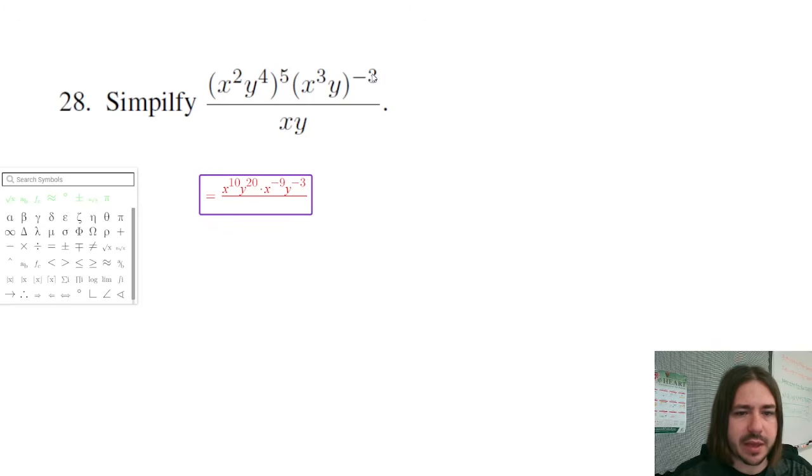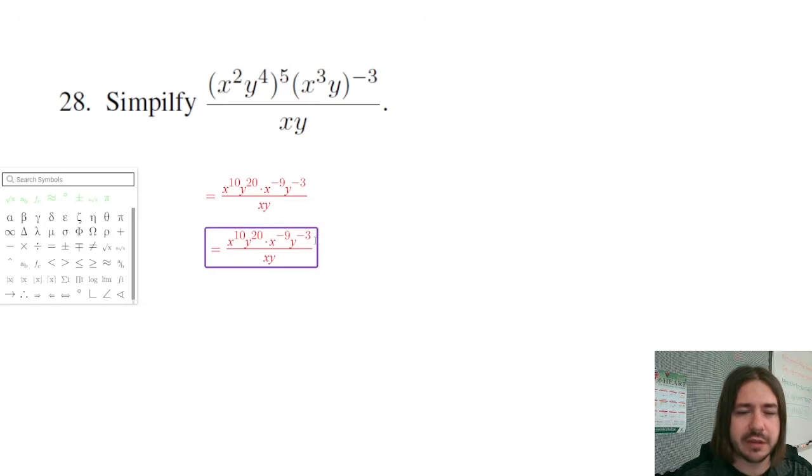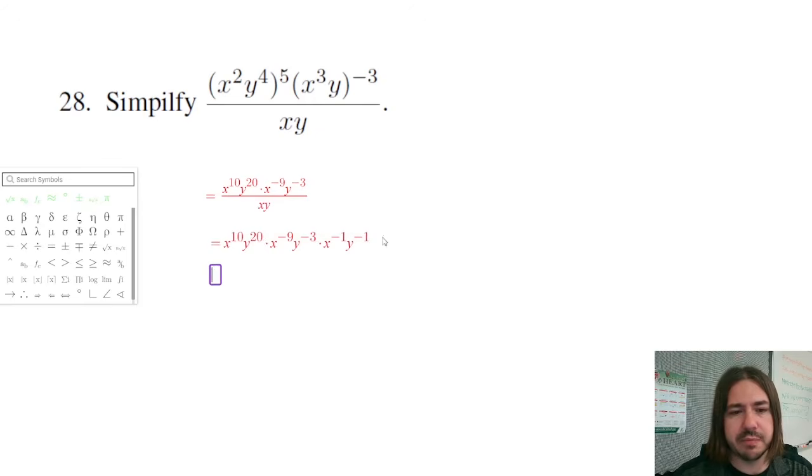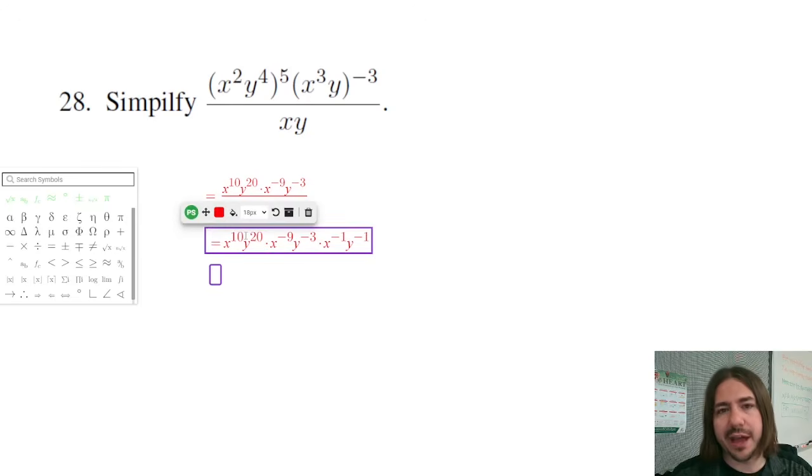Now I'm dividing by x, y, but I'll simplify this a little bit so I don't have a big fraction. I'm going to rewrite this as, instead of dividing by x to the first and y to the first, multiplying by the reciprocal, which is x to the negative first and y to the negative first. The last thing to do here is to combine all the like variables, and whenever you're multiplying two powers that have the same base, you add the exponents.